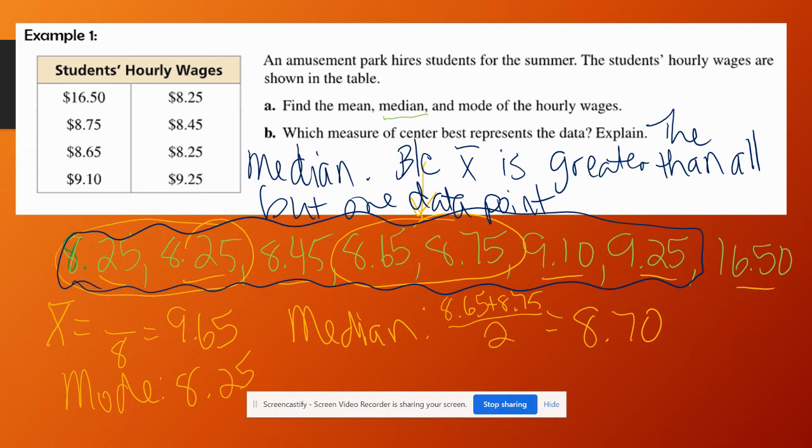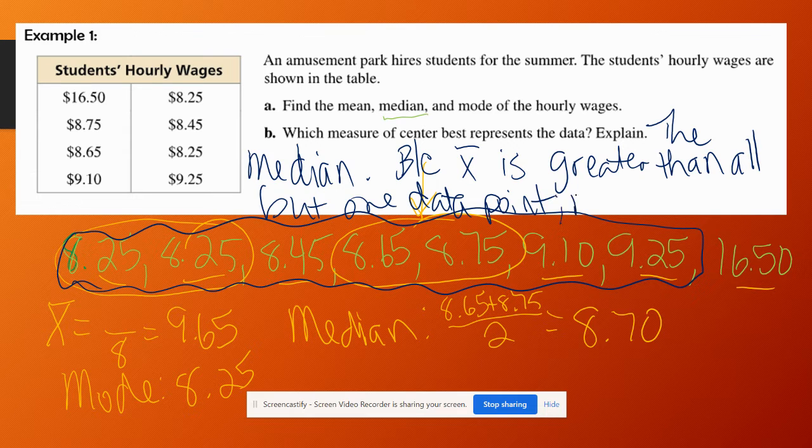The only thing it's not larger than is the 16.50. And so if I'm looking for a measure of center or the average, being bigger than pretty much everything in my data list wouldn't make sense.